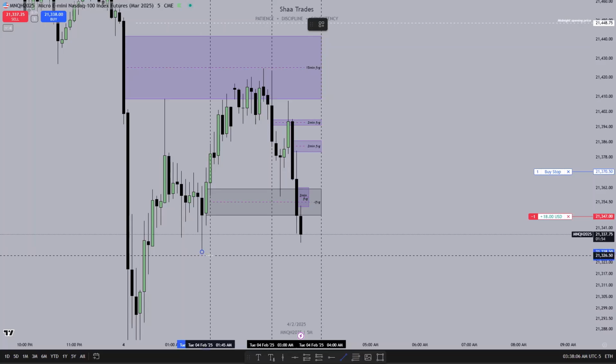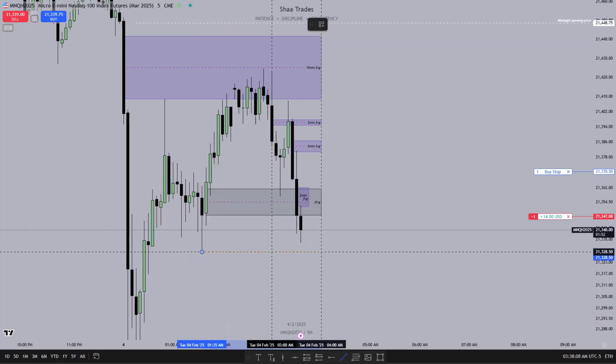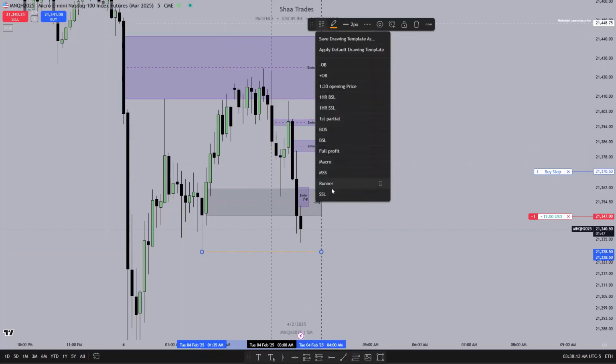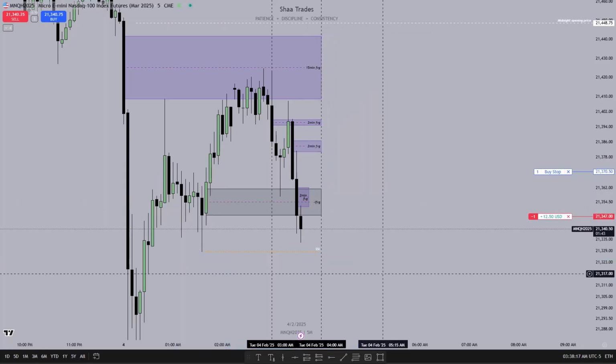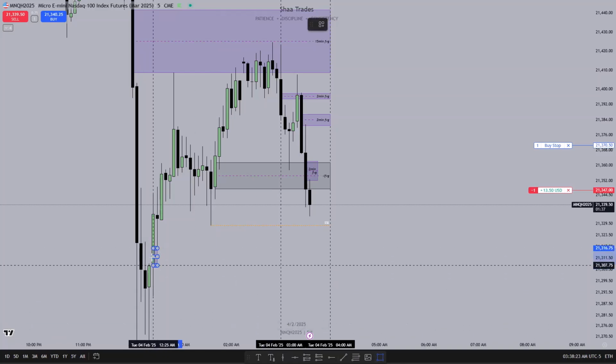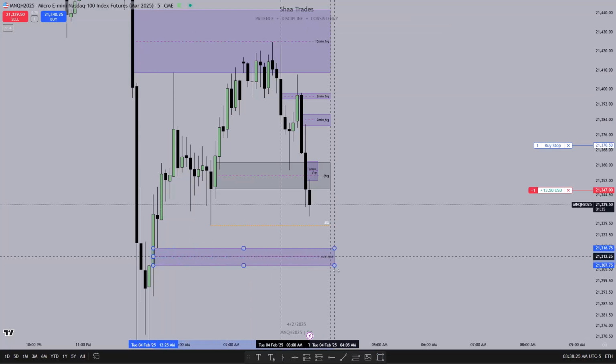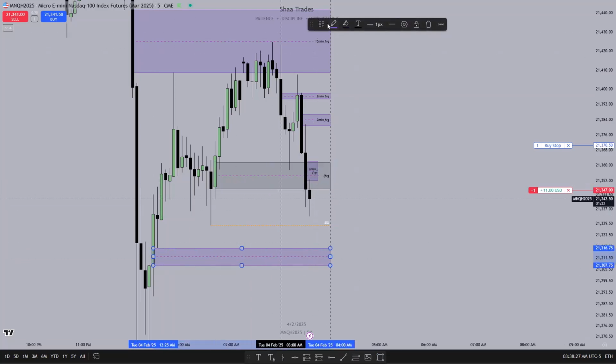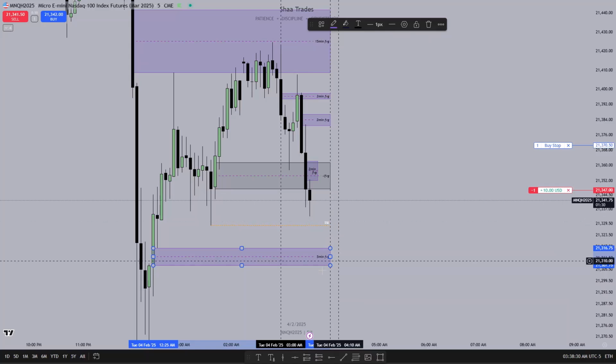So I'm looking here as a potential target. This is a sell side liquidity there. And we have a 5 minute fair value gap there.